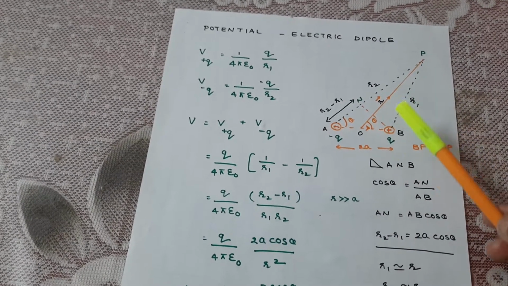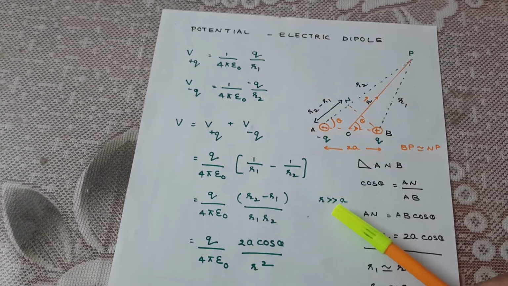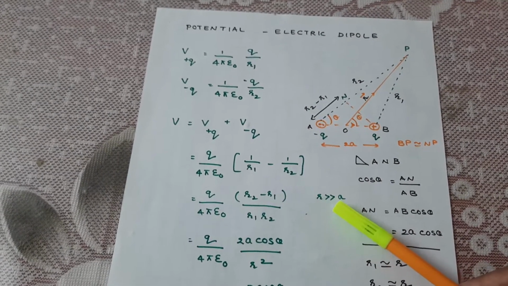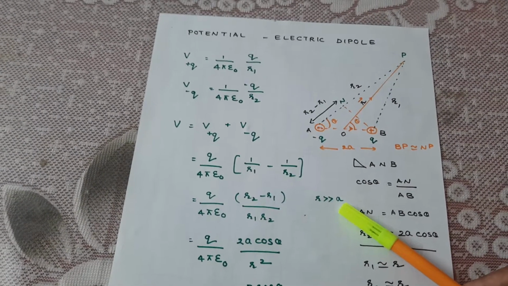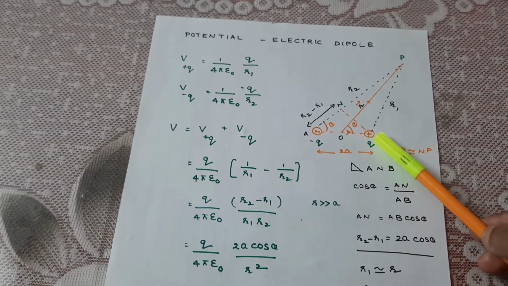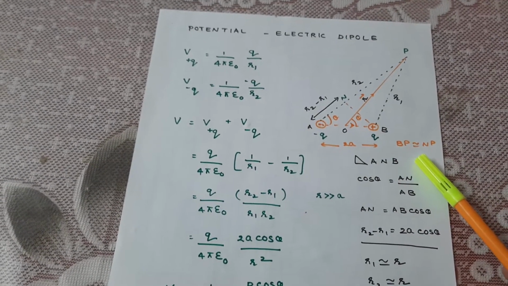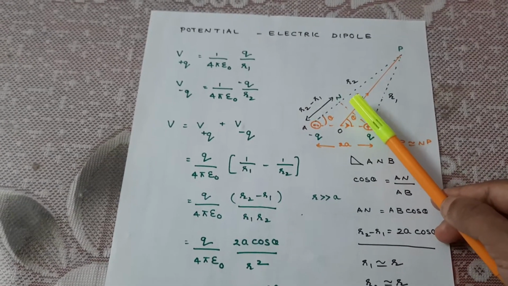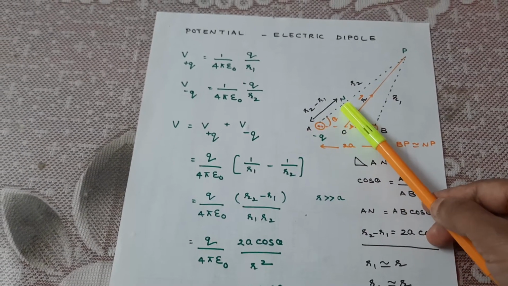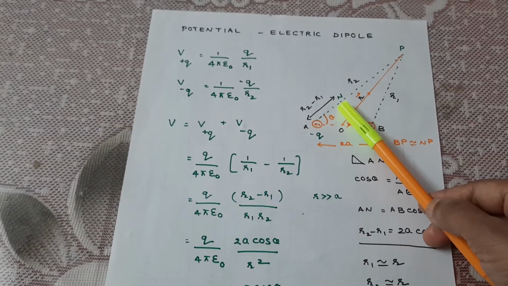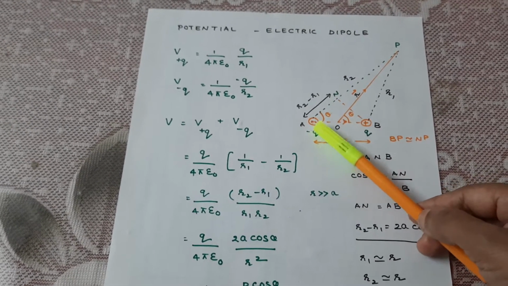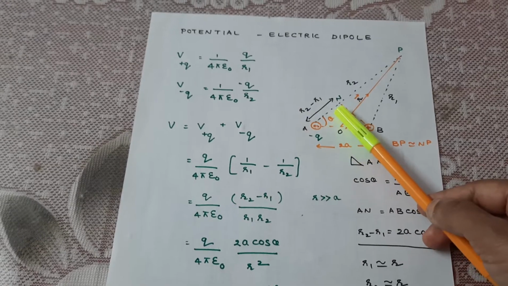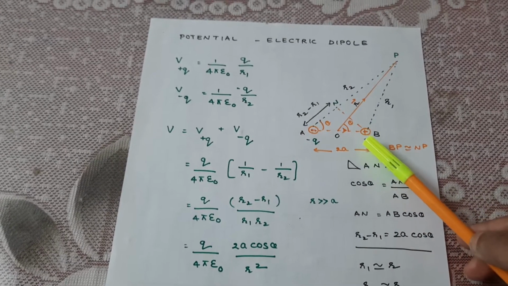Since the point is at a large distance, that is r is very much greater than the dipole length, BP is approximately equal to NP. So r2 minus r1 is equal to AN. To find AN, let us consider the right angled triangle ANB.